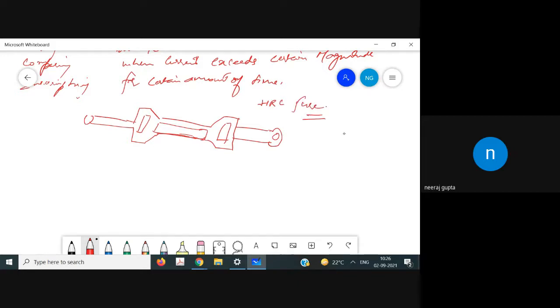Now, if you want to draw the current time characteristics of the fuse, it is given by: here we have fusing time, here we have the current, and this is the rated current.